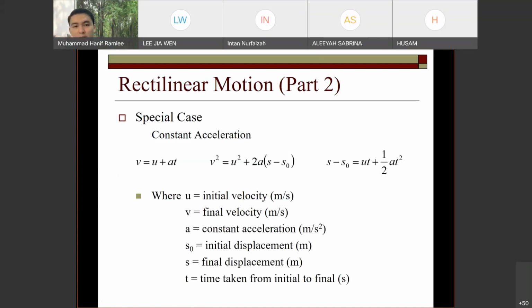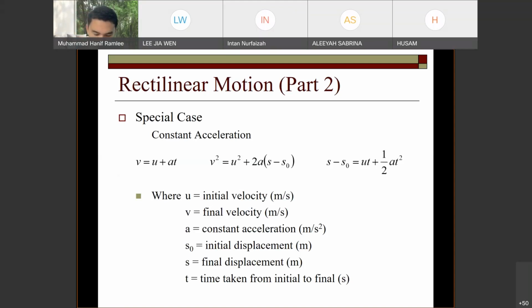That's right. The second one. You can use the third one as well. It doesn't matter. You can choose the second or third one, because you have the information of S naught and also A and also T. You can use either one.